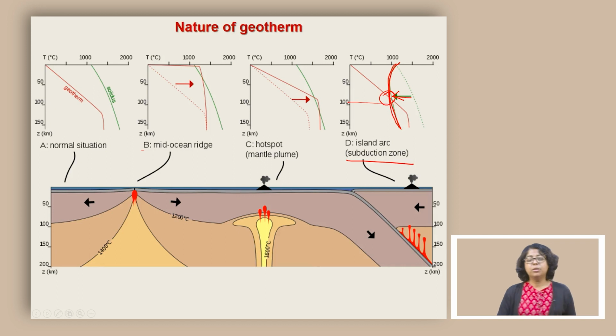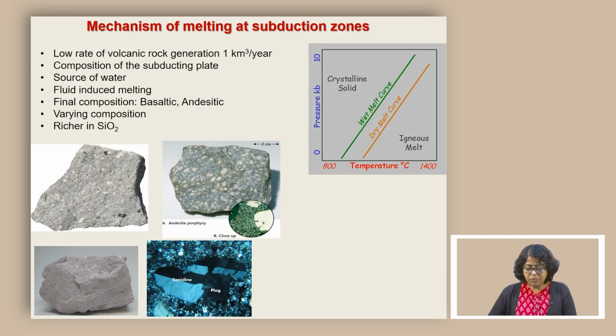So, we have to observe why the solidus line is changing at a deeper part, and why does it require lesser temperature for melting. And what we find is this is the region where the fluid induced melting actually helps a lot, because this is the part where the plates are going down.